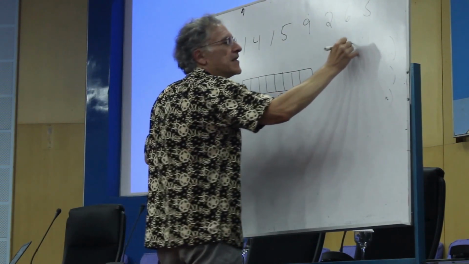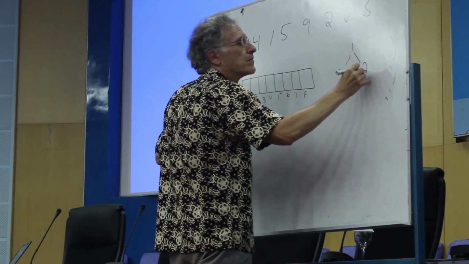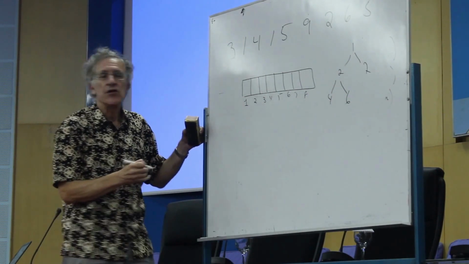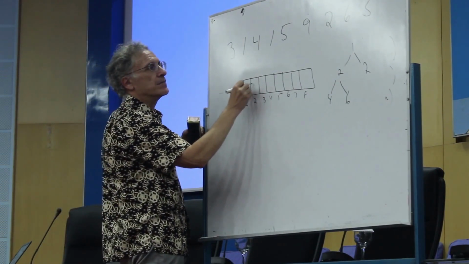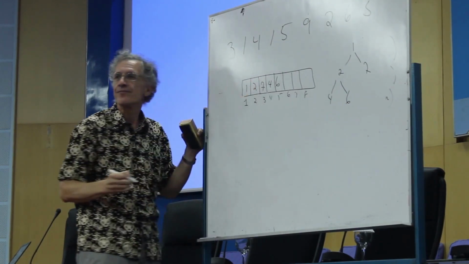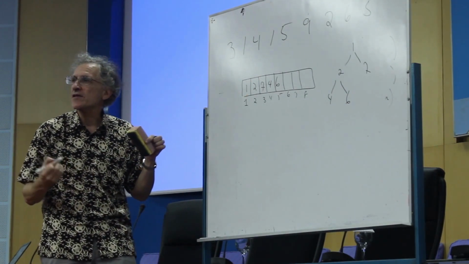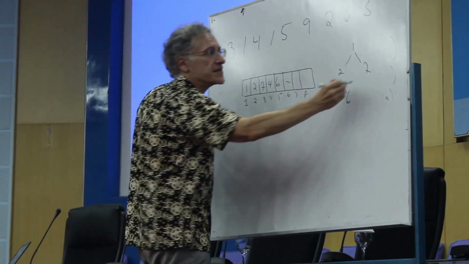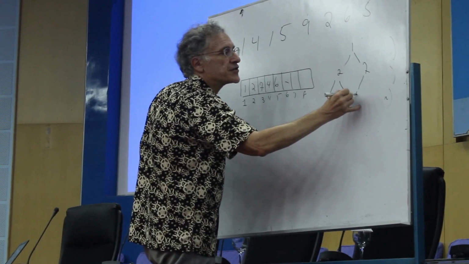So if you have this heap, for example, you would just store it this way. Whenever you insert, you always insert in the next location, because that is the next location.